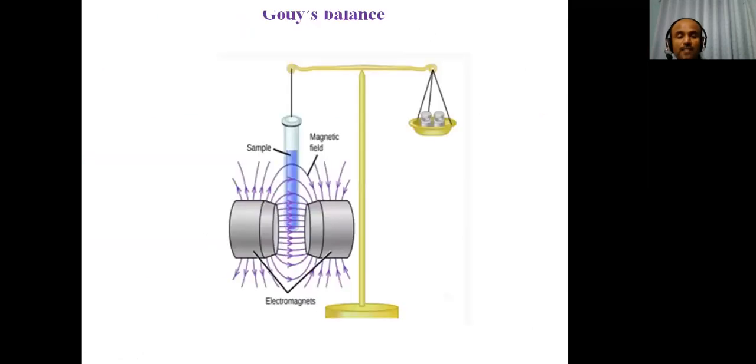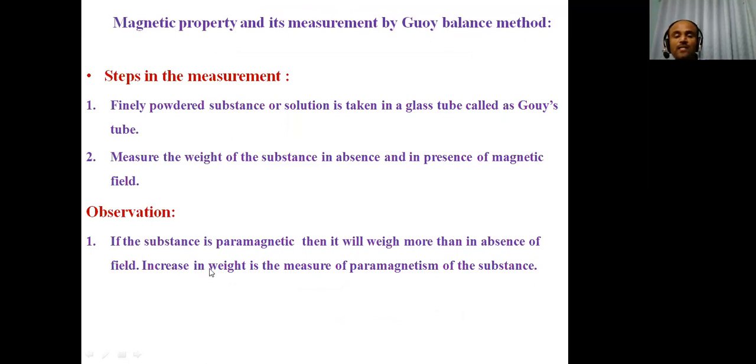If the material is paramagnetic, then it is attracted by the external magnetic field, and there is an imbalance. To balance it, some weight must be added in this pan. In this way there is an increase in weight. Hence we have made this statement: increase in weight is the measurement of paramagnetism.